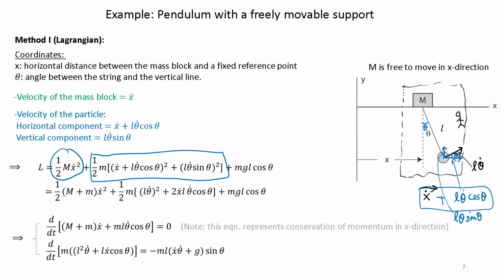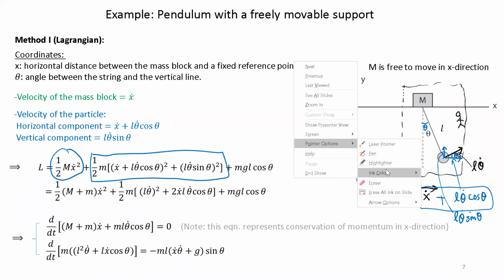It's not surprising that we have conservation of momentum in the x direction because the forces acting on this system are all vertical. The external forces are mg for this one and mg for this one, and then you have the normal reaction force, also vertical. So there is no horizontal force acting on this.